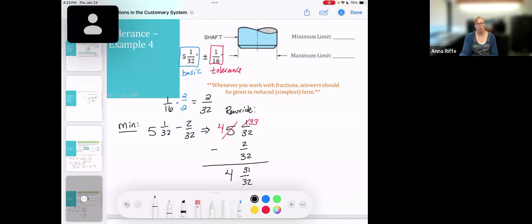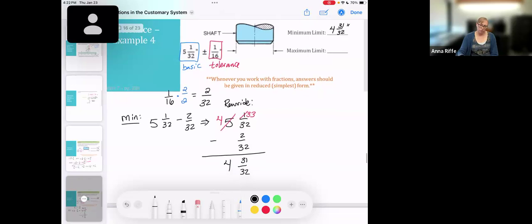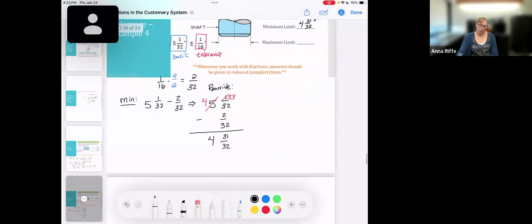I can just bring my whole number part down. So this becomes 4 and 31/32. Great. 4 and 31/32 of an inch. So that will occasionally happen with these.